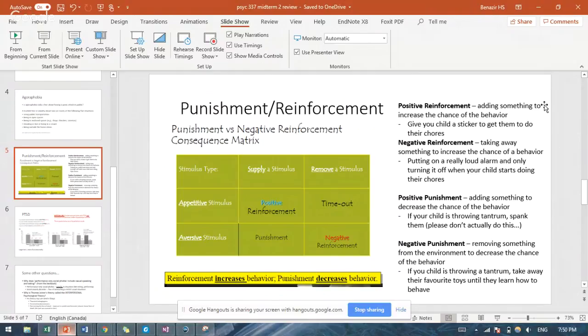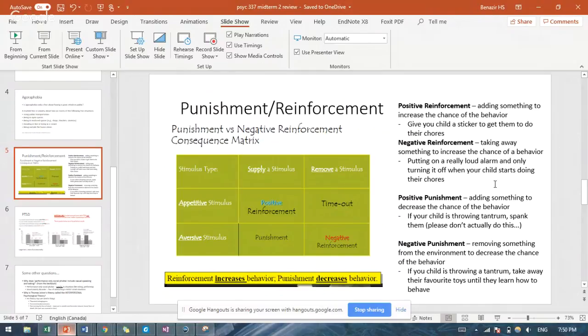So you have the negative part and the reinforcement part. That would be like having a really, really loud alarm go off, be on constantly, and then only turning it off when your child starts doing their chores. So this can get a little bit confusing. It's not putting on the alarm to get them to stop, but it's turning the alarm off to get them to do something.